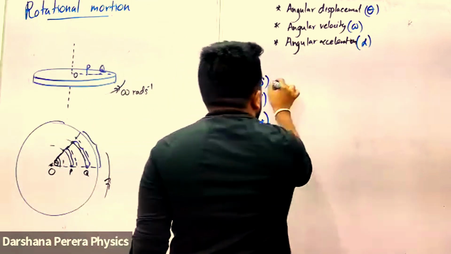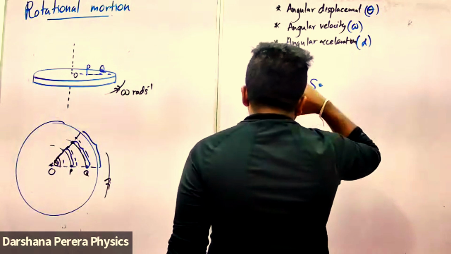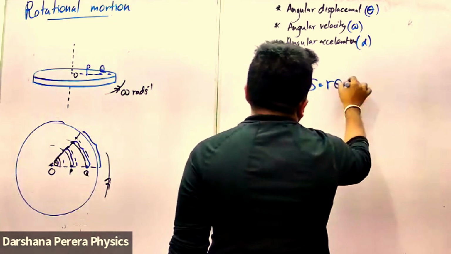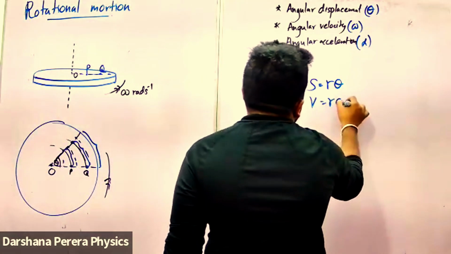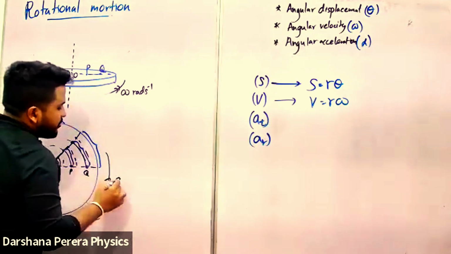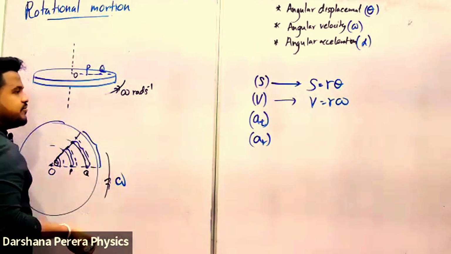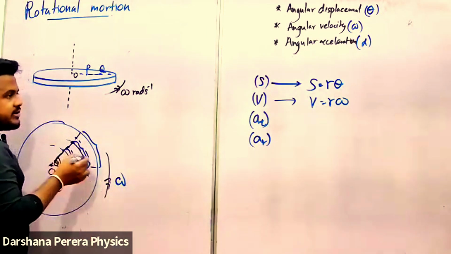Therefore, in circular motion there is a formula S equals R theta. V equals R omega. R is getting changed. Therefore, with the same angular velocity, the tangential velocity is different, because the radius is different.